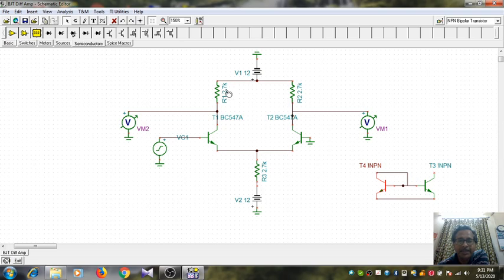Now you see that 2 milliampere are flowing on both the arms. That means this passive resistor R3 should be replaced by this current mirror. Basically this is the reference current and this is the output current. This output current should be nearly 4 milliampere.